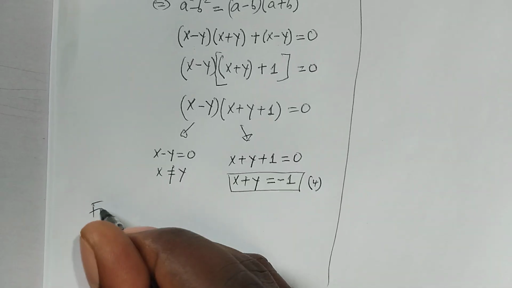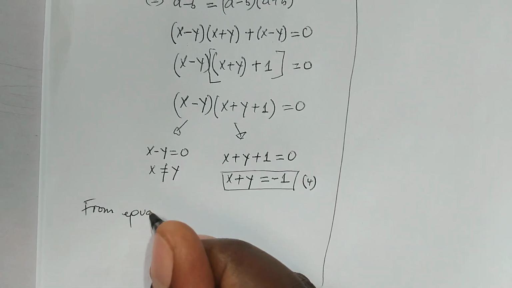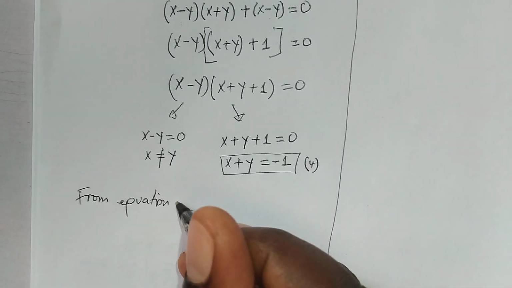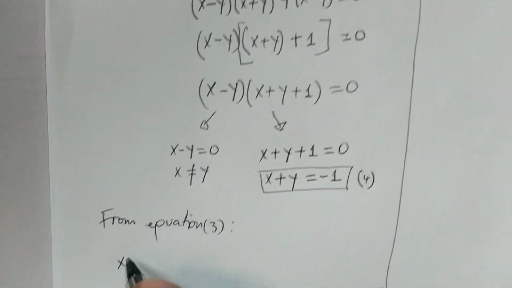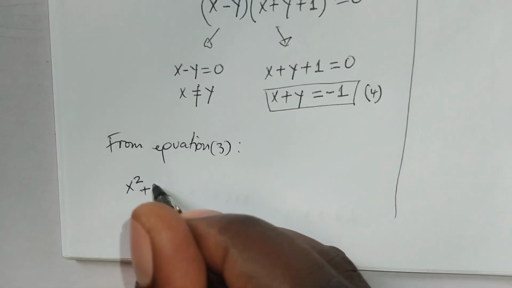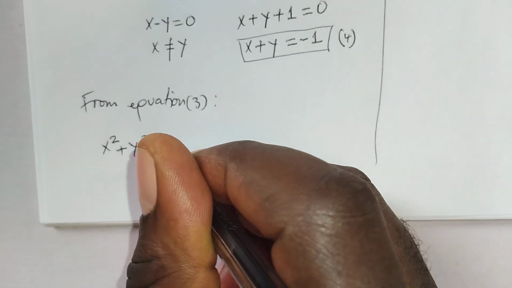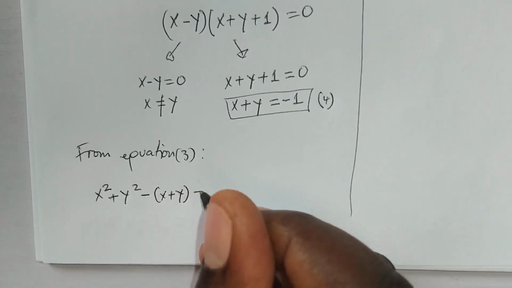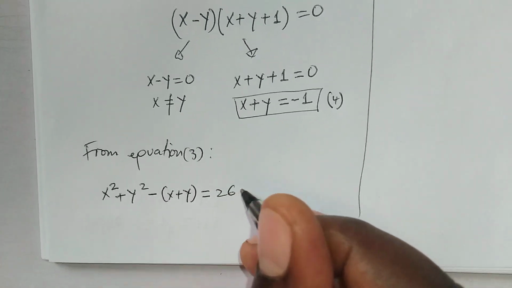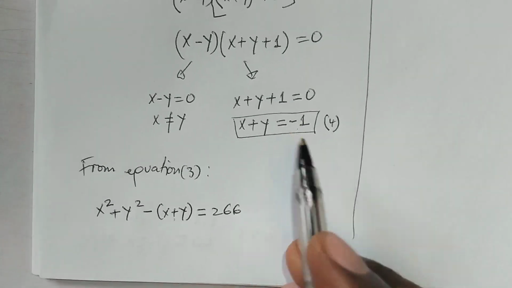So from equation 3, which is x square plus y square minus x plus y, which is equal to 266. Here we have x plus y, which is equal to -1.